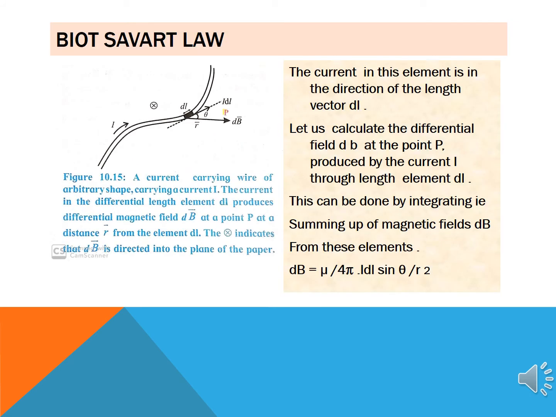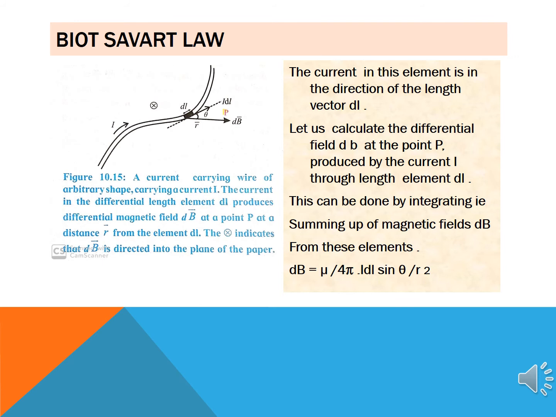Magnetic field due to a current is explained clearly by a law, which is Biot-Savart's law. We have seen that a magnetic field is produced by a current carrying wire. We can calculate this magnetic field.